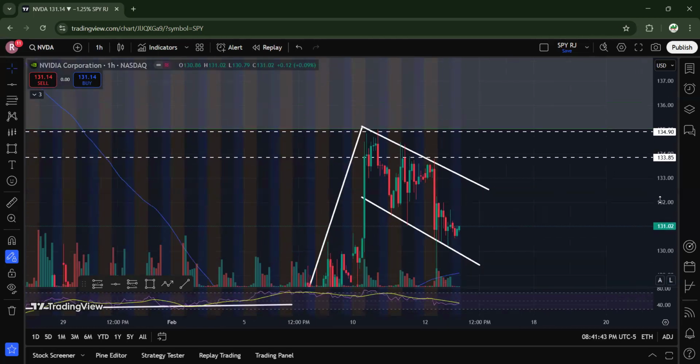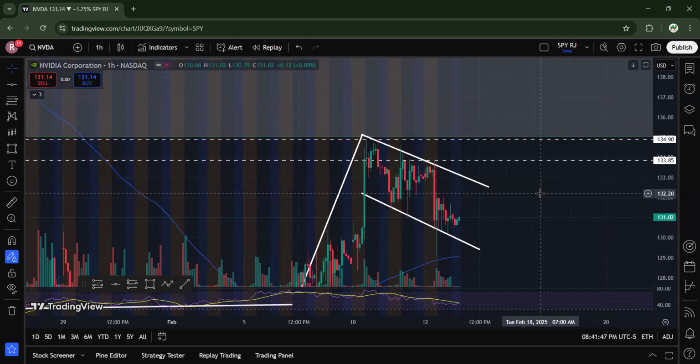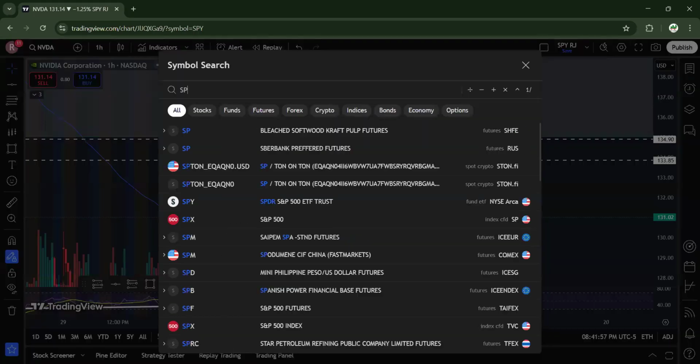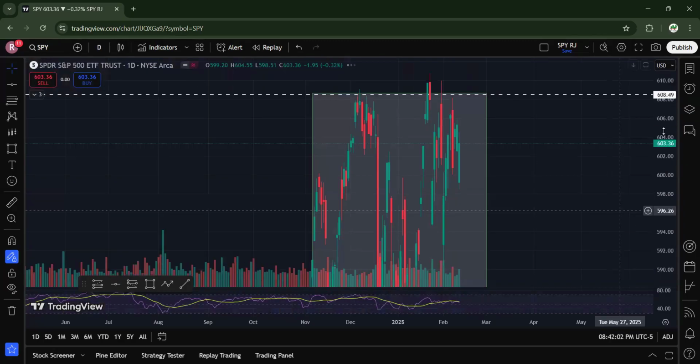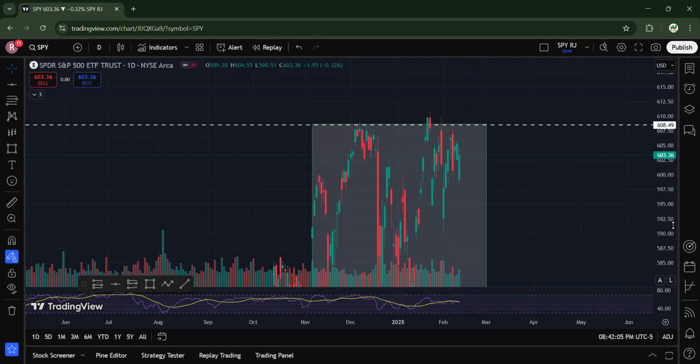If we're breaking a level and we're breaking a pattern, it's a lot more probable for it to try to go up than it is to go down. The one thing that you have going against you right here is SPY. Preferably, you want SPY to be breaking out. But we did see that Nvidia can go on its own. It did Monday.